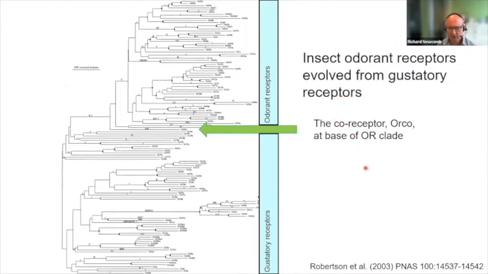So here's some early work by Hugh Robertson that suggested these receptors arose from taste receptors, gustatory receptors, with the co-receptor right at the base of the evolution of the other odorant receptors, the ORXs. So this was an early indication that these receptors evolved from taste receptors sometime in the evolution of insects that we don't really know.